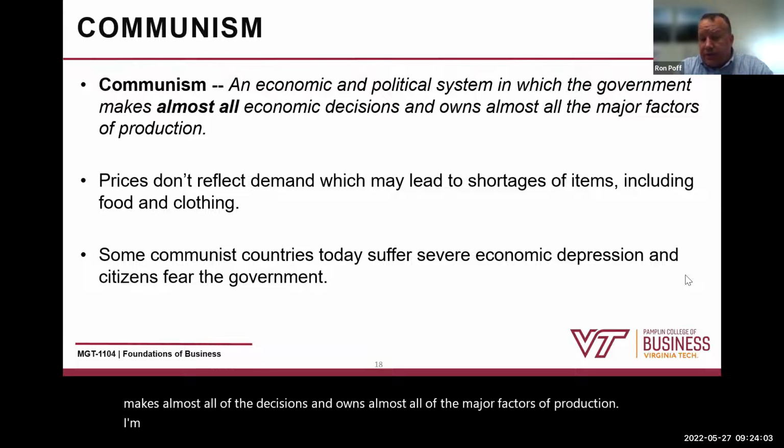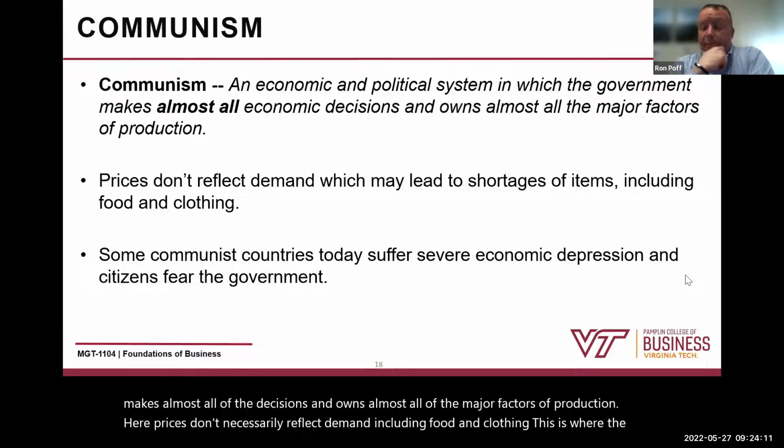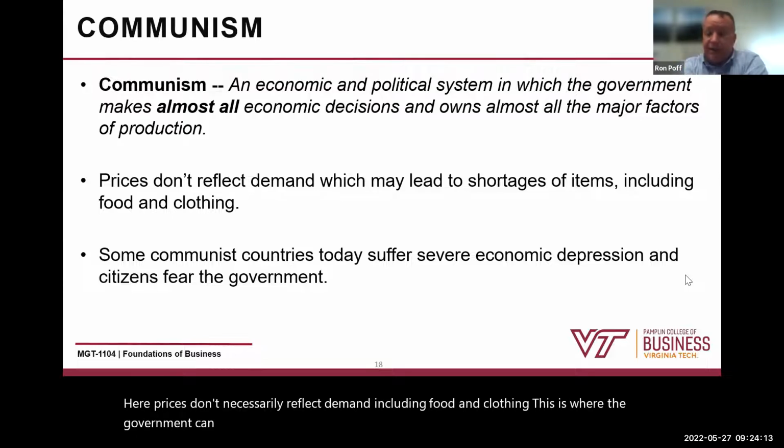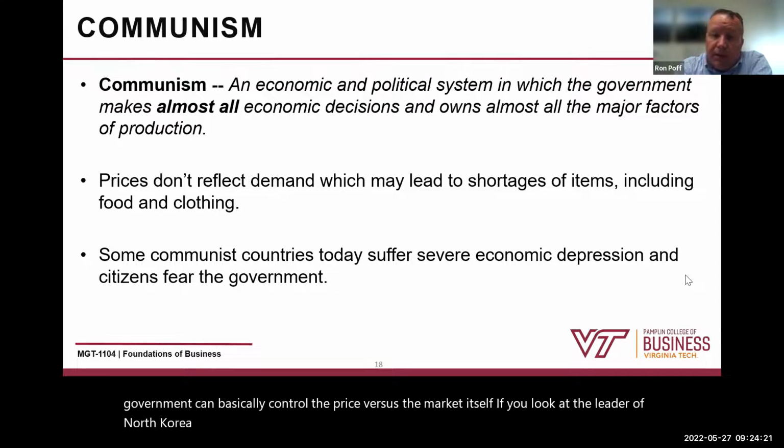Here, prices don't necessarily reflect demand, including food and clothing. This is where the government can basically control the price versus the market itself. If you look at the leader of North Korea, Kim, he can artificially set a price, and whether that is good or bad, that's what happens.